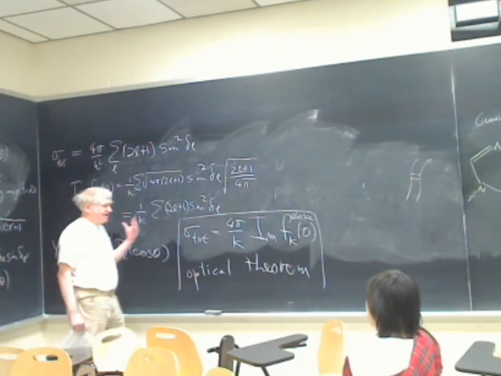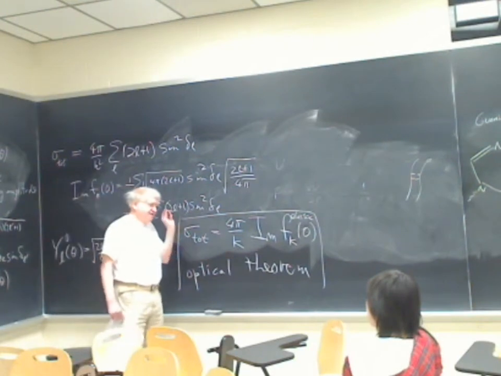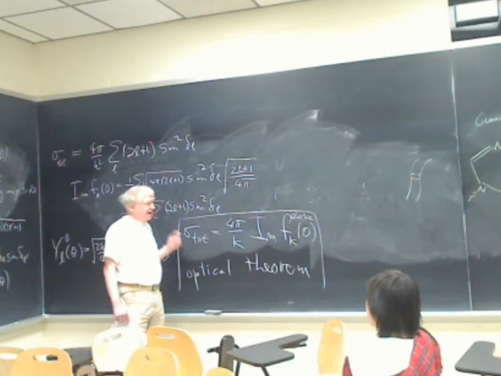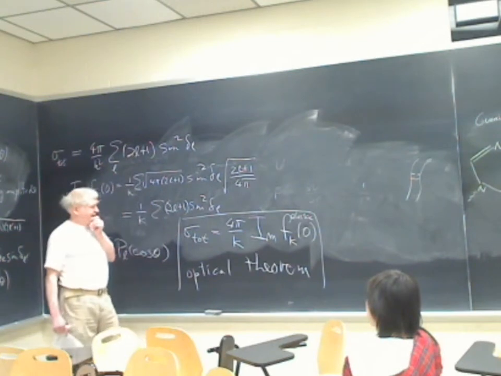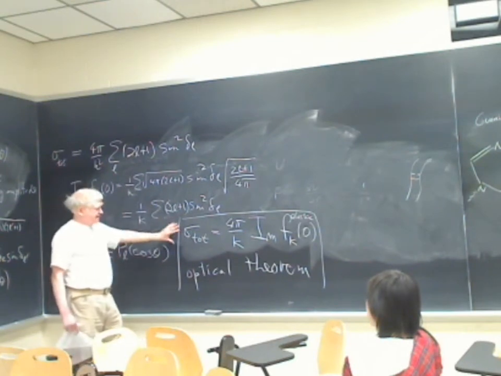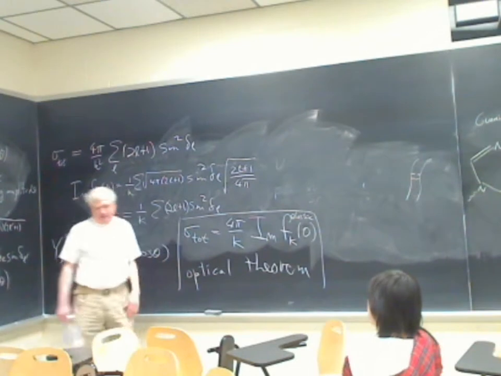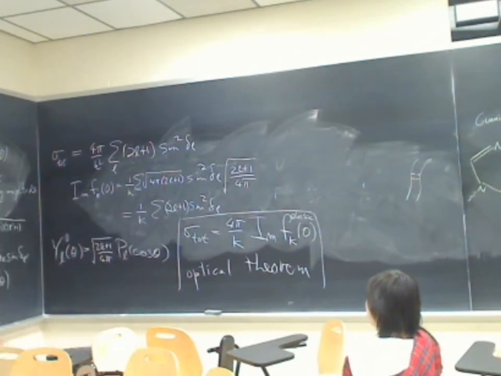And remember, one of the things that happens is that you wind up expressing the scattering amplitude as an integral of its imaginary part. Well, that turns out to be the total cross-section. And so, basically, this optical theorem played a big role in dispersion relations.